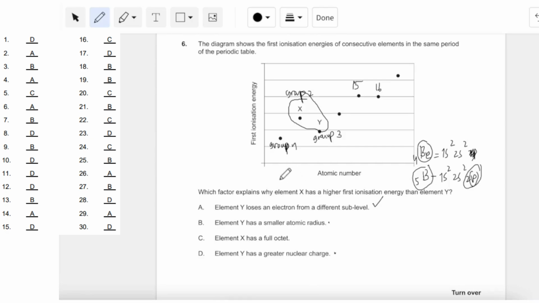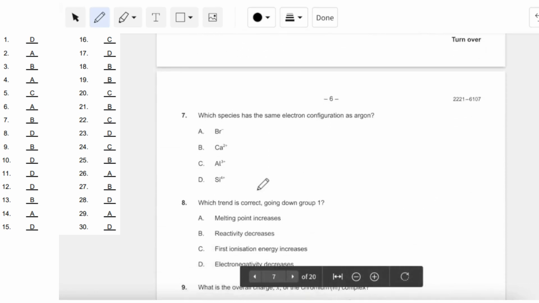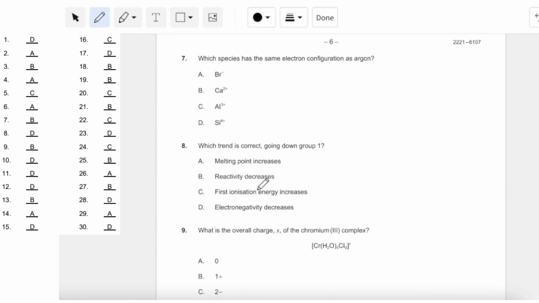So obviously the answer will be A. Let's go to number 7. No need to write down the electron configuration like 1s2, 2s2 and things like that. Argon's atomic number is 18, so the number of electrons is also 18. We see Br here, the proton number is very high, more than 18, so this is not the answer.